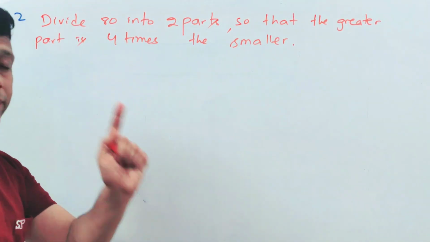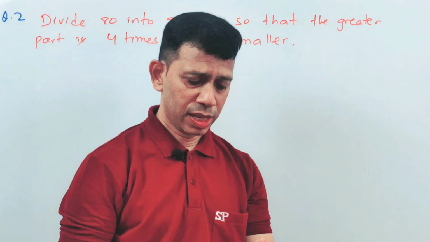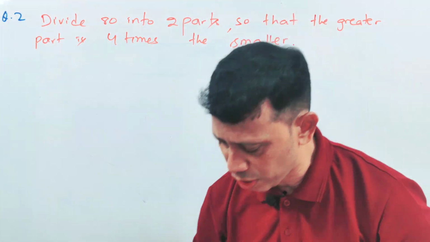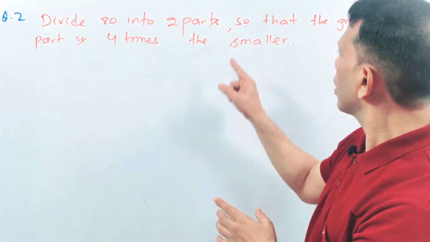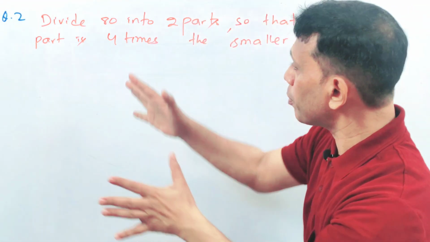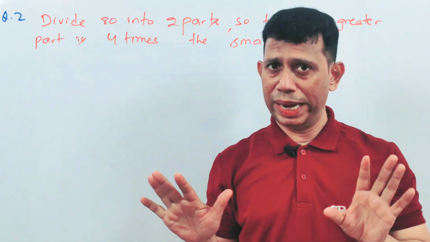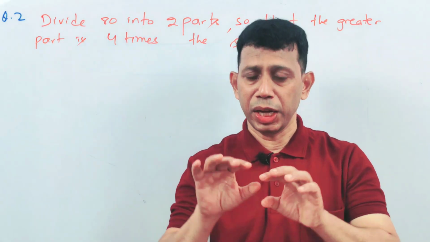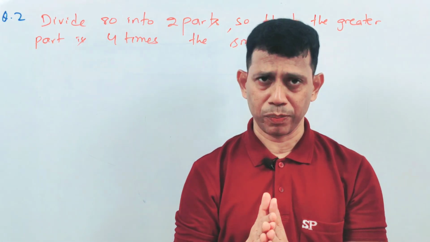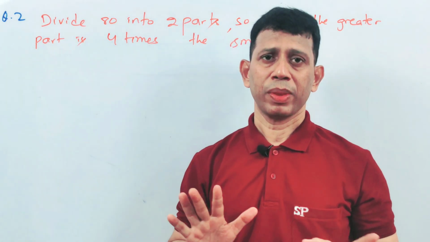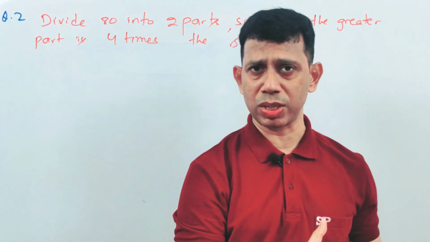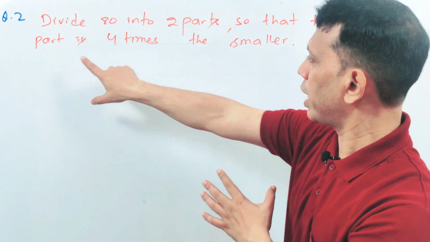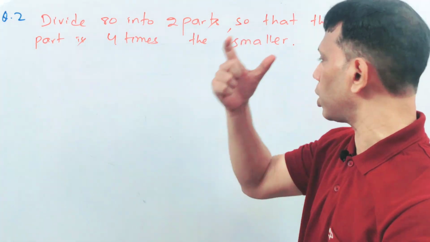So divide 80 into two parts. 80 is the number. I have to divide 80 into two parts such that the greater part is 4 times the smaller. If I divide 80 into equal parts, the question is easy. You will tell 40-40, right? Now I have to divide 80 into a bigger part and a smaller part. So the bigger part or greater part is 4 times the smaller part.